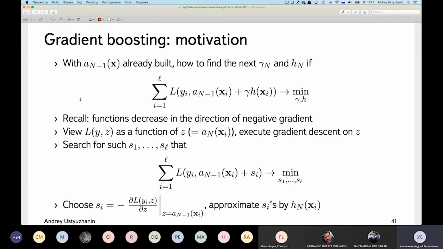So let's take a look at how it works. Imagine we have learners up to n-1. Now we have to find the next gamma n and hn, which minimize our loss function.